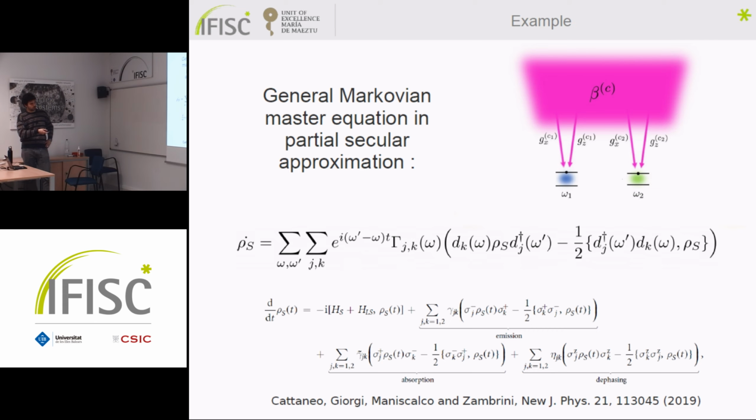Now these jump operators here are these things: sigma minus, sigma plus. They are the operators creating an excitation in the spin or destroying an excitation in the qubit. So on the 2 systems, the operator is flipping the direction of the qubit, okay? So we get the master equation in partial secular approximation, so the symmetry holds.